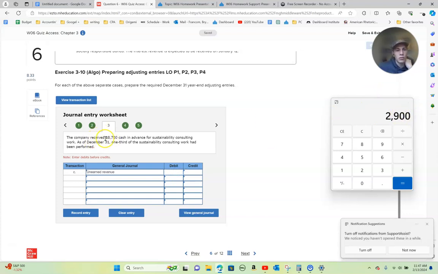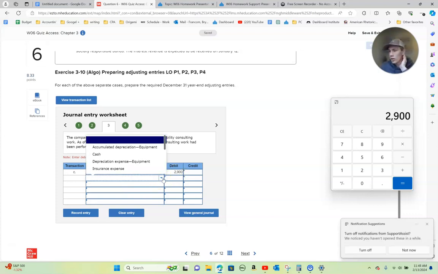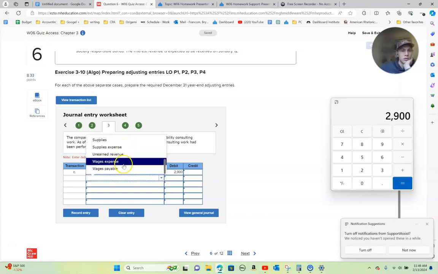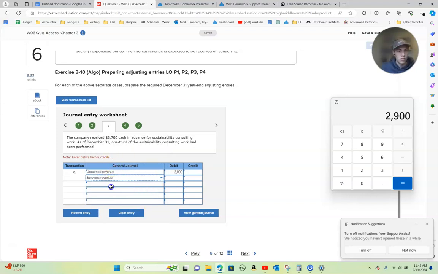So we only owe 2/3 left to them, right? So we did that much service, so we're going to take that away from the unearned revenue and debit it. Then over here, we want to counteract that by putting it to our service revenue, wherever that is. There we go. We're going to credit that revenue because we did perform a service of $2,900, right? I hope that makes sense.